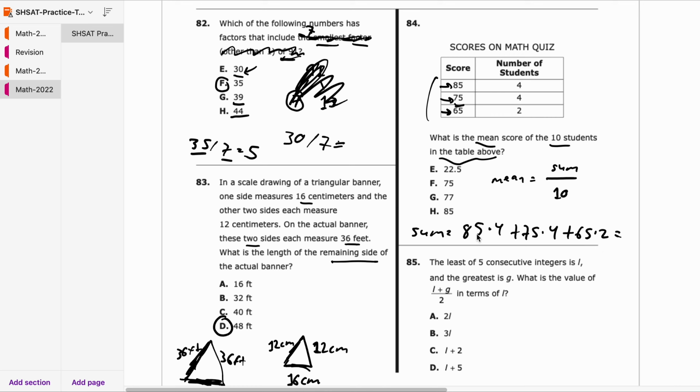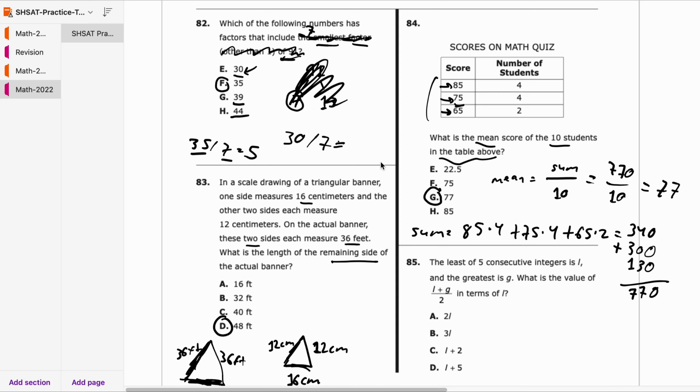So now let's actually do this. 85 times 4 is 340. 75 times 4 is 300. 65 times 2 is 130. So the sum is going to be 770 over 10, and that's going to be 77. So that would be G.